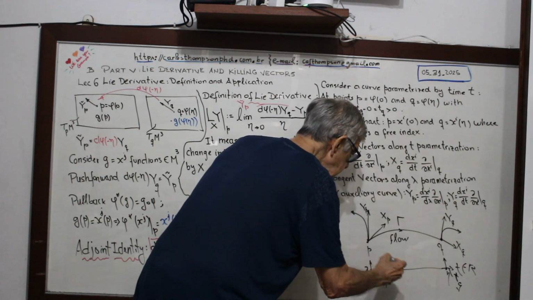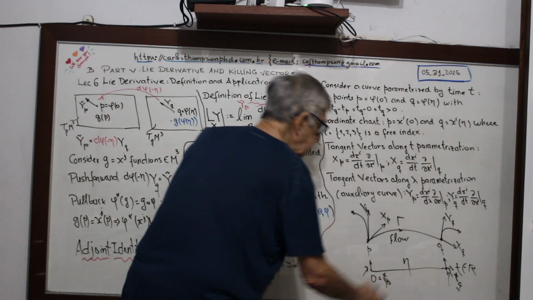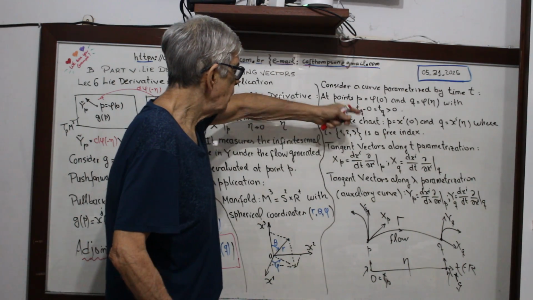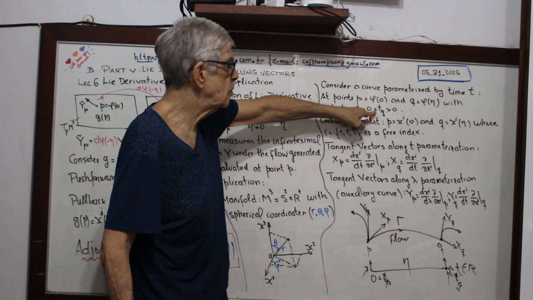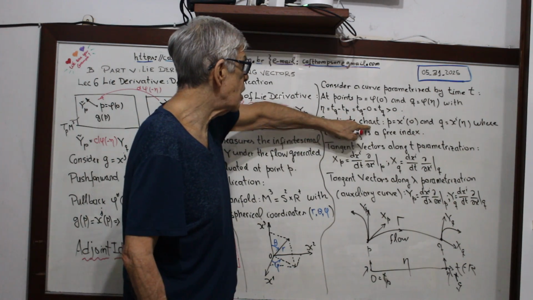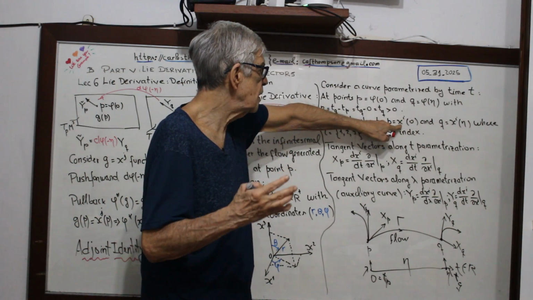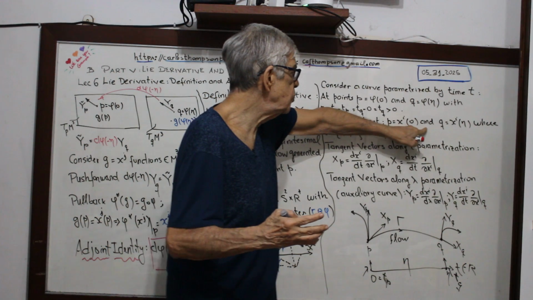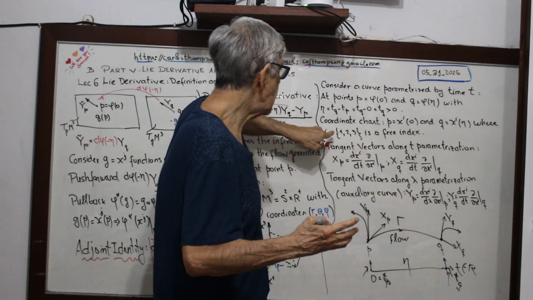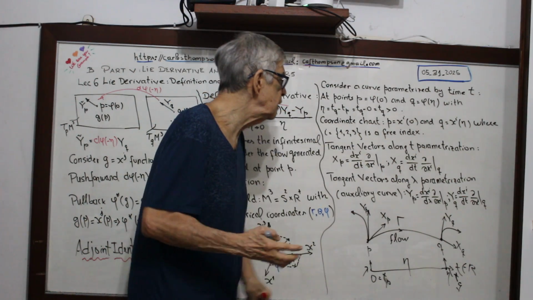So eta is just t_Q minus t_P, which I wrote over here. Obviously t_Q is greater than 0, and eta is greater than 0. Now in the coordinate chart, P sits at x^i of 0, and Q is at x^i of eta, where i is 1, 2, 3 in the case of the three-dimensional manifold, a free index.